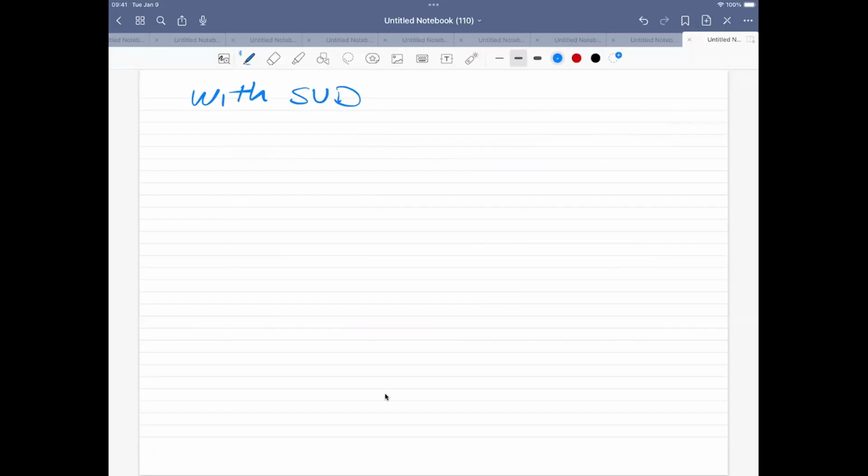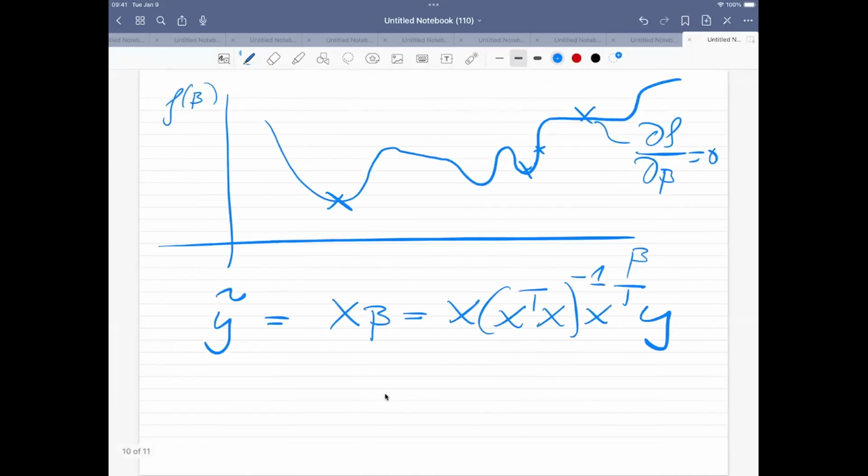What happens then is that I can rewrite this matrix X in terms of U times sigma times V transpose. And then my result, y tilde, becomes equal to, if you go back to the previous slide, I'm simply inserting the expression for X in terms of a singular value decomposition.